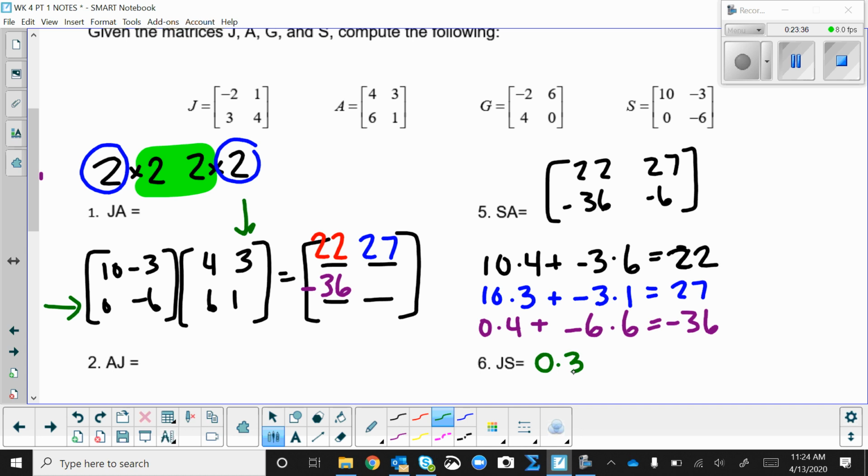The second entry in row 2 is negative 6 times the second entry in column 2, which is 1. And we need to add those together. 0 plus negative 6 is negative 6. Okay, so this one should have been in red.